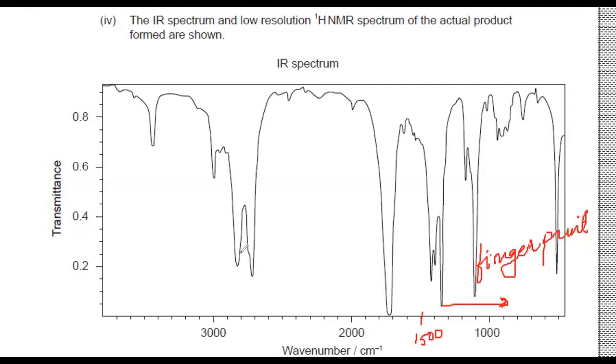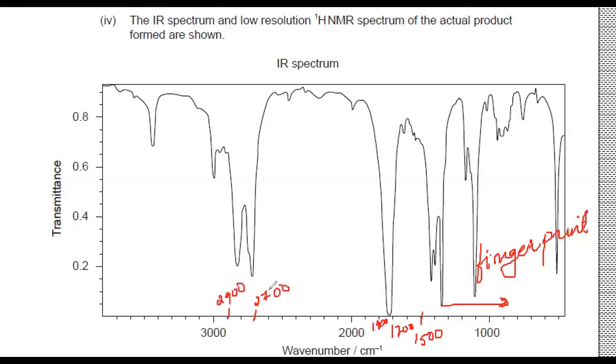So here we can see that this is 1700 and obviously this is 1800. Beyond 1700, approximately very close to 1750, we have a very strong peak. This peak usually refers to carbonyl. And this is somewhere around 2700 and this is somewhere around 2900.